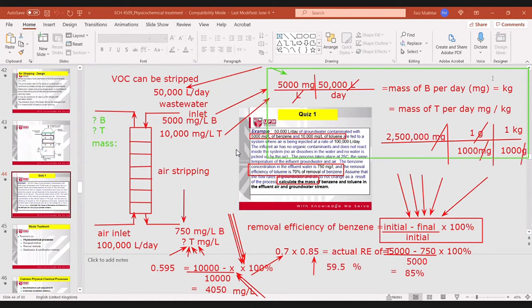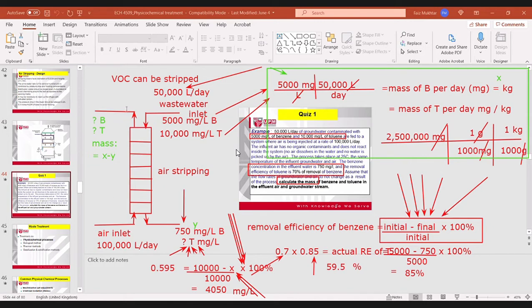Let's say here for B, let's say X. Let's say it's X for the mass of benzene here in kilogram, and the one here at the bottom, with the concentration 750, you convert into mass by multiplying with the volume 50,000, you get Y. So basically, to calculate B in the air here is just X minus Y, that's all.